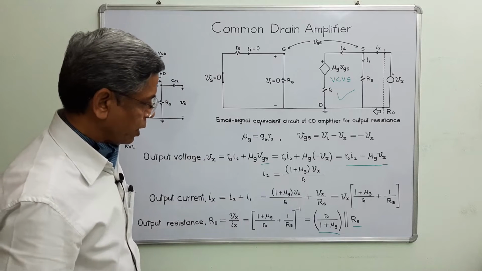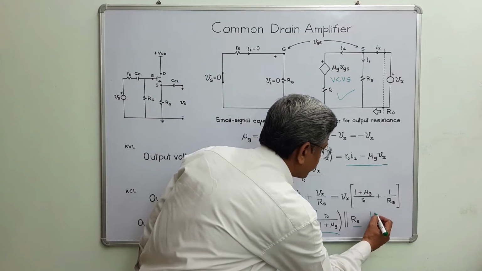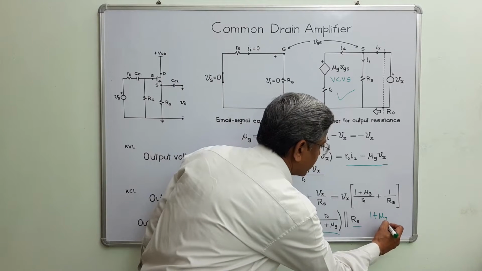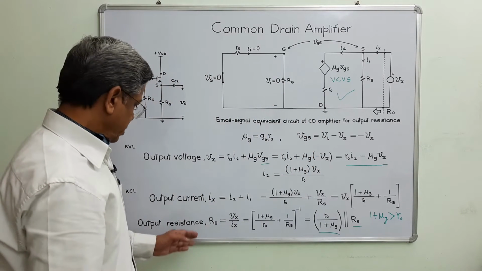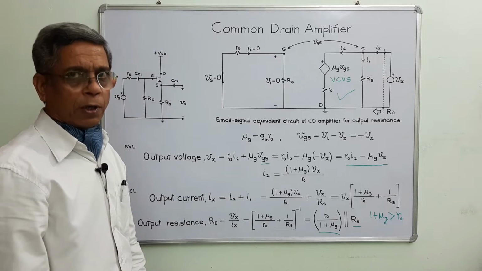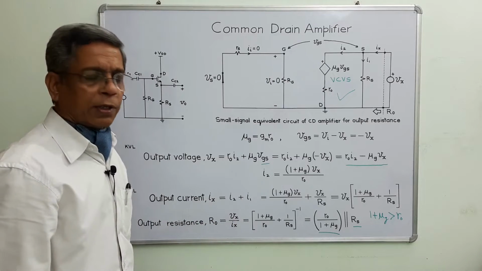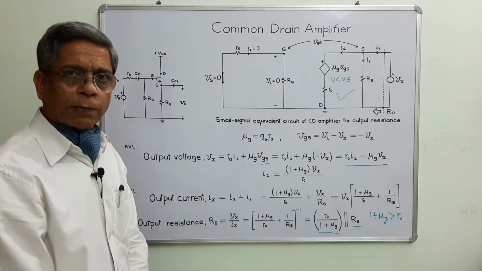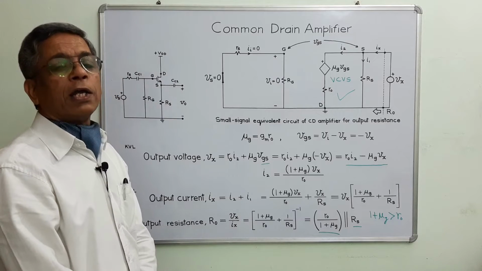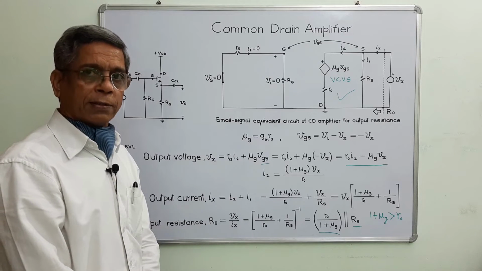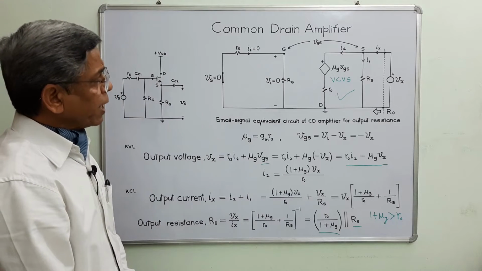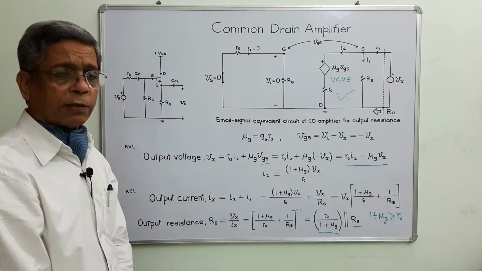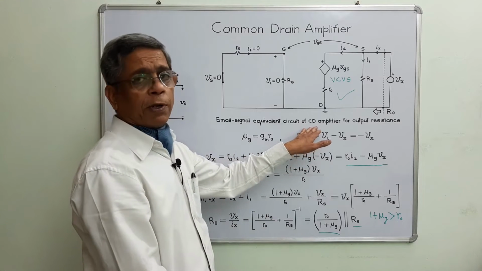And we understand one point, 1 plus mu G is greater than R0. That is why the output resistance is very small. This is very usual for source follower because source followers have high input and low output resistance. So this is all about defining and deriving the expression for output resistance of common drain amplifier.